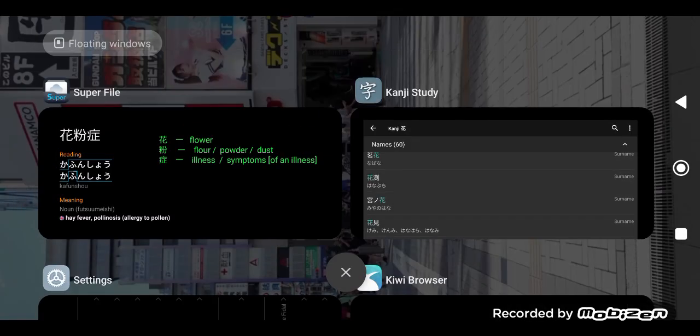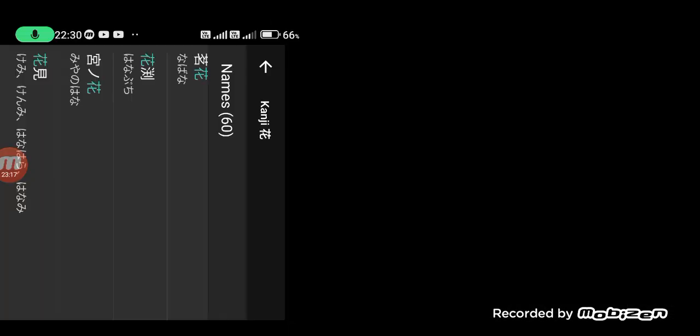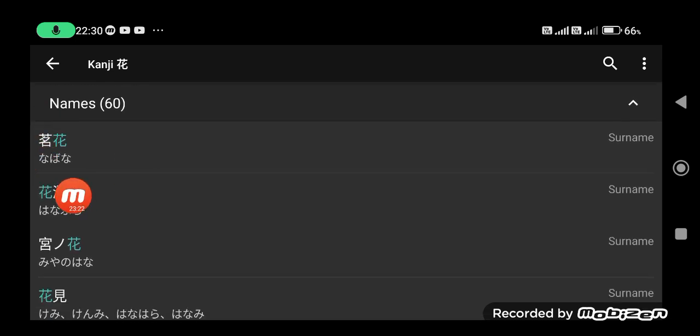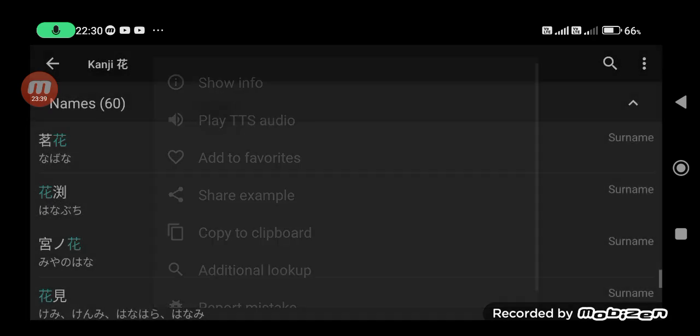Okay, minasan, going back to our main topic, this is the last leg, minasan. Okay, so these are just the names. The names here, the readings are written directly below them, in kana writing, just below the kanji. So just like here, hanabuchi.